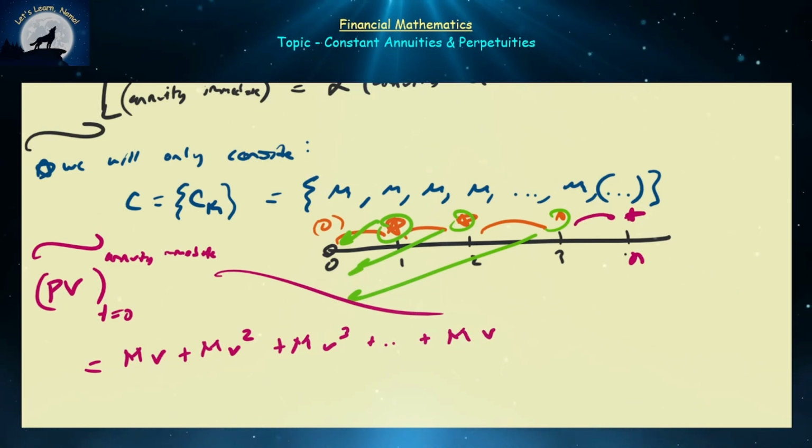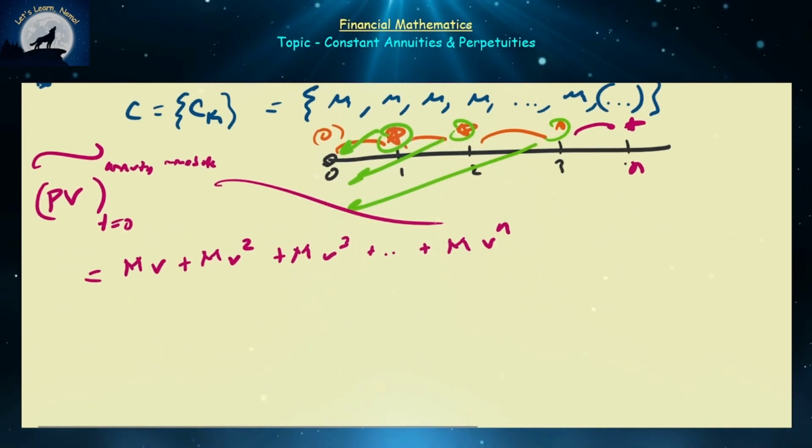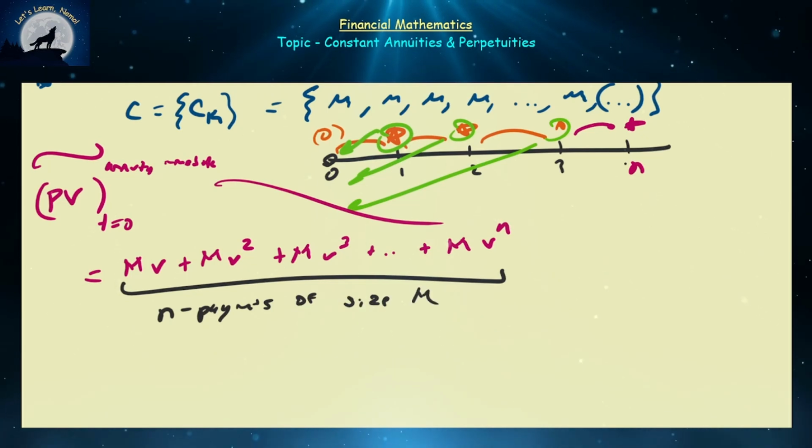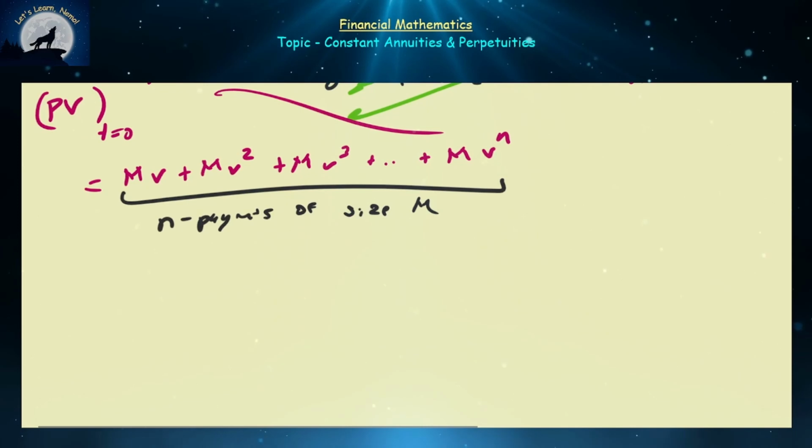So that's going to be m v^n. Right? So let's verbally explain what we have here: we have n payments of size m. You could also say n equal payments of size m.